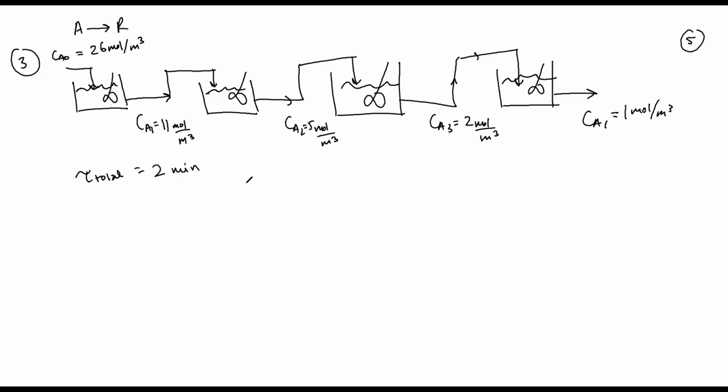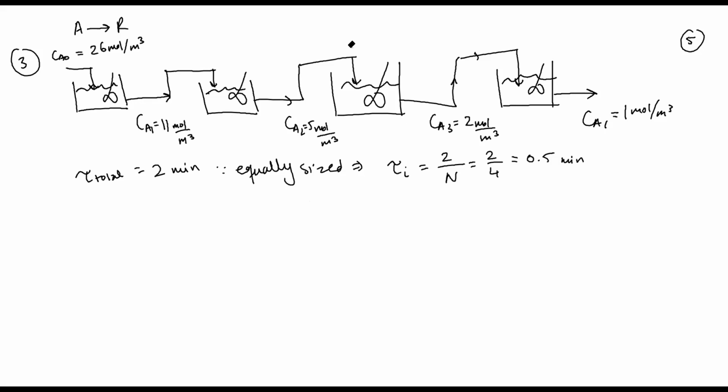So if tau total equals 2 minutes and they're equally sized, then tau of i is equal to 2 over n, 2 over 4, so 0.5 minutes. The residence time in each of these reactors is half a minute because they're all equally sized, so the fluid will spend the same amount of time in all of them.